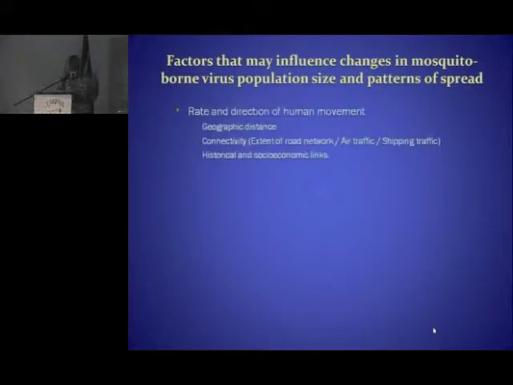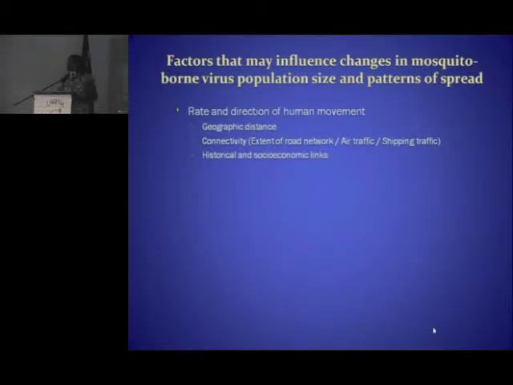So some of the factors that could affect a mosquito-borne virus such as dengue or chikungunya would be the rates and directions of human movements, things like the geographic distance would influence that, the level of connectivity between areas, historical and socioeconomic links.